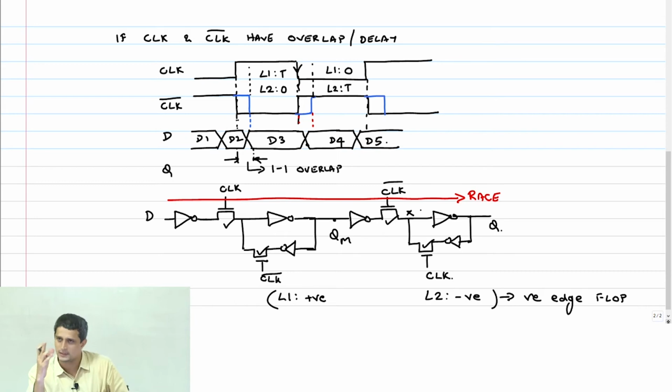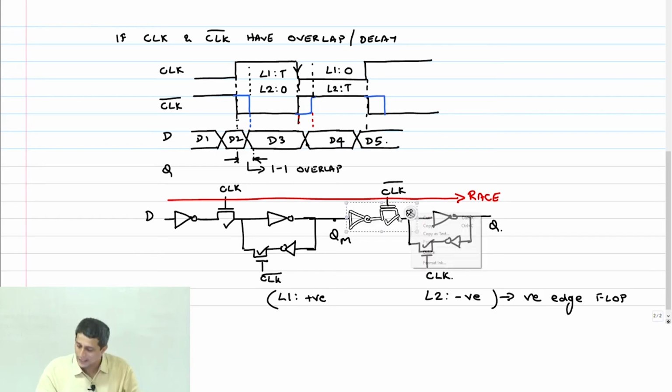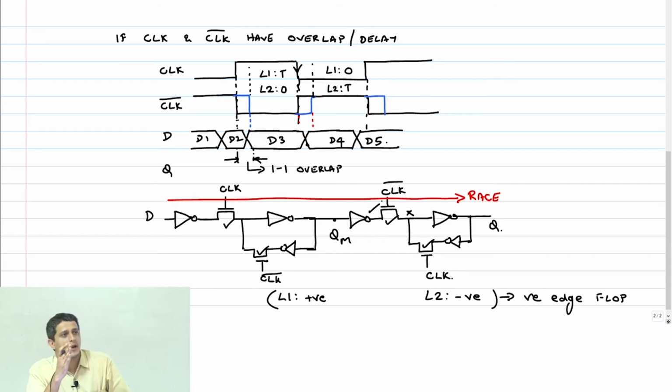It is going to sample that and hold it through the rest of the period, right? So therefore, I cannot allow my data to shoot through till here, but I can allow it to shoot through till here, correct? Because after my clock bar goes low, it is going to shut off that path. So as long as that feedback loop is not affected, I don't have a problem, right?